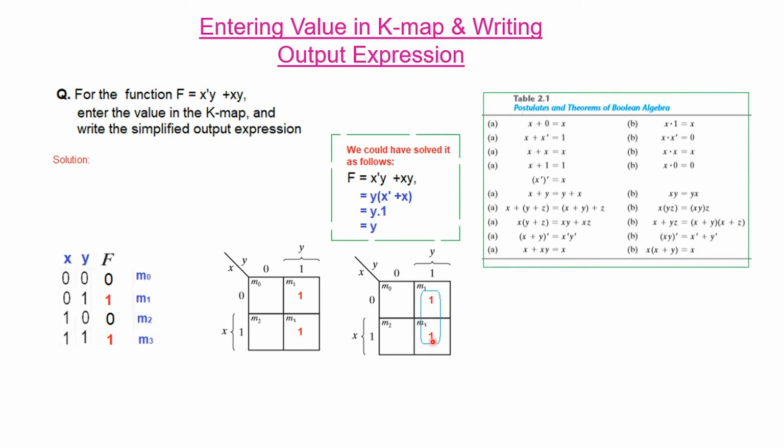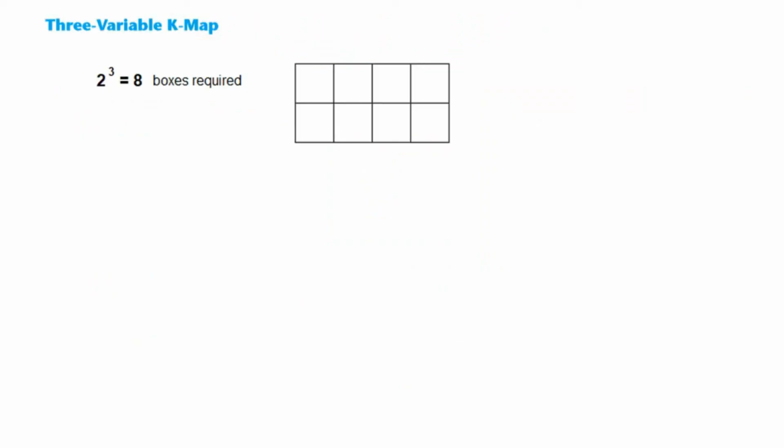But if you look from the top, you can see that y is 1 here and y is also 1 here. Therefore, we'll write that this is equal to y. So our answer is f is equal to y. Now you can see this was the function which by the K-map method we have found its value to be y, which is actually what we had got by solving with De Morgan's theorem. Let's see a couple more examples.